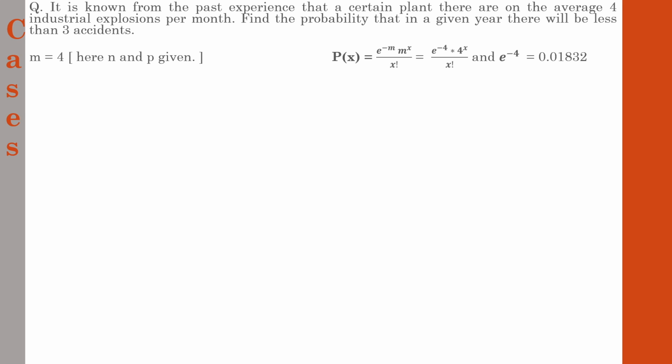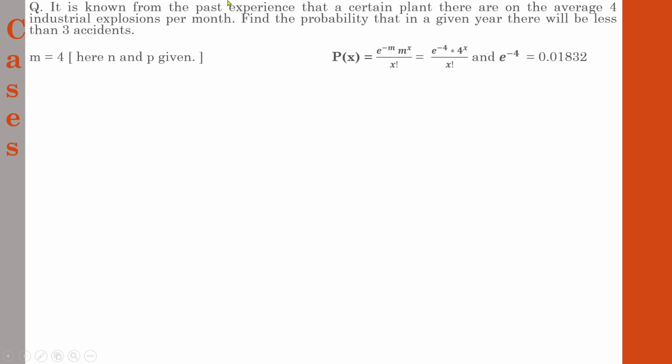The mean can be represented by another term, average. So the question doesn't have to specifically mention the term mean. If it mentions average or mean or words synonymous with mean, you have to take that value as the mean of the Poisson distribution.